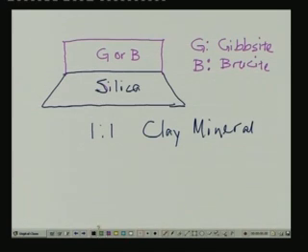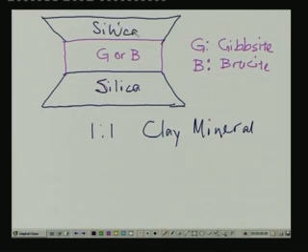Now, if we have two tetrahedral sheets and one octahedral sheet, then we end up with a 2:1 clay mineral. So that tells you the structure of a grain of clay mineral.